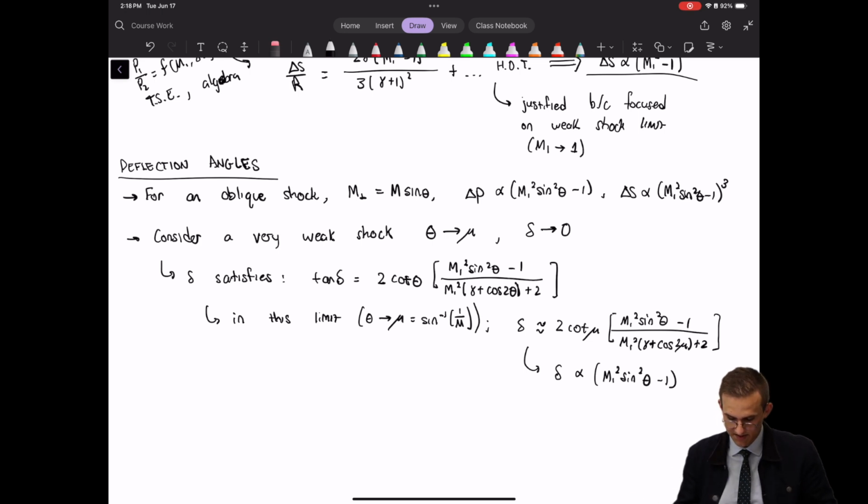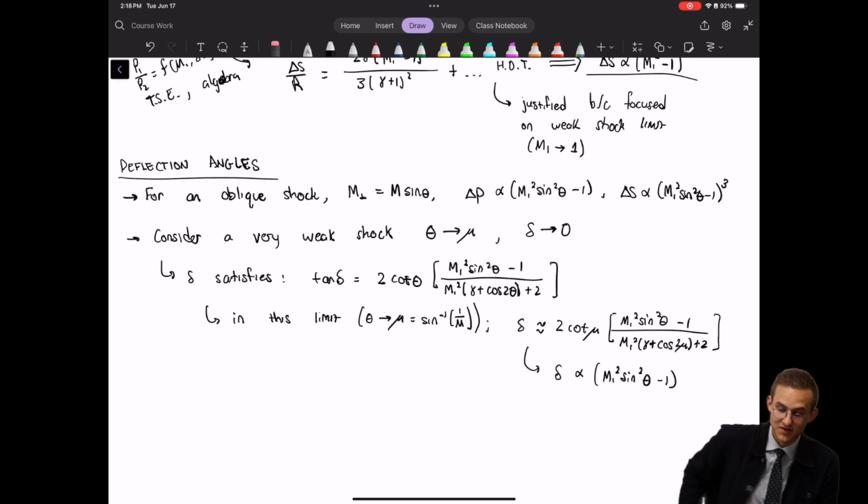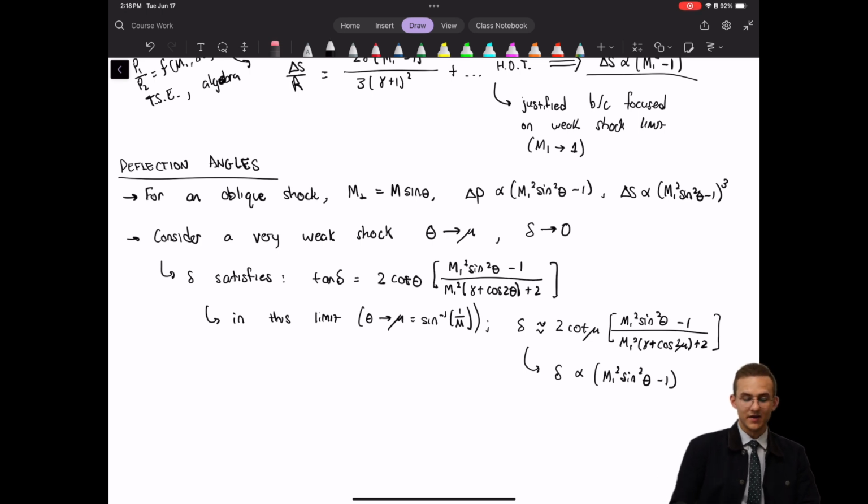Okay, and so I know this seems a little bit dubious. Like cotangent, we have replaced the theta in the cotangent argument and also in the denominator, but we didn't replace it in the numerator. But the reason why is because cotangent mu is just equal to the square root of M1 squared minus 1.